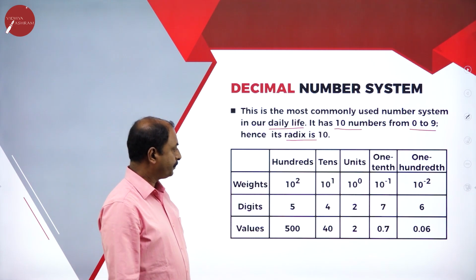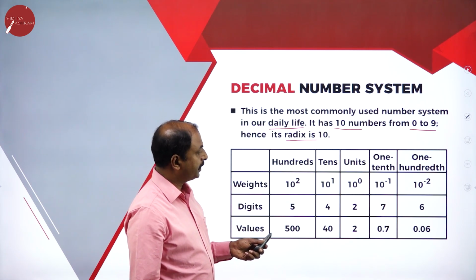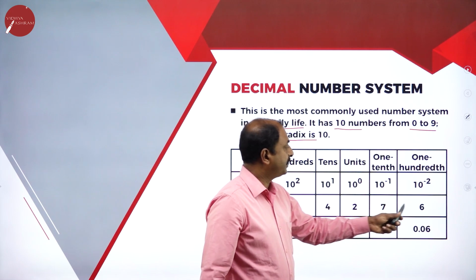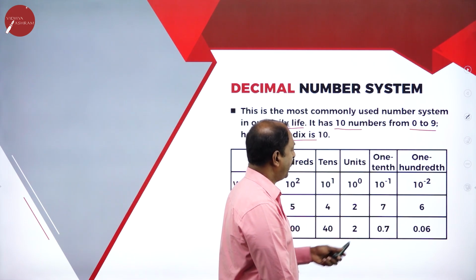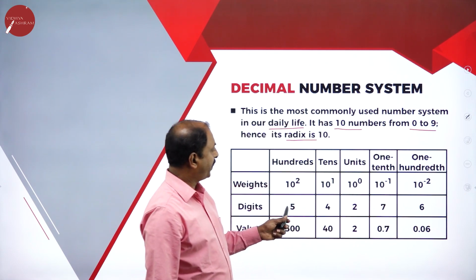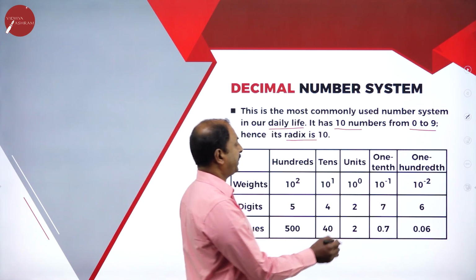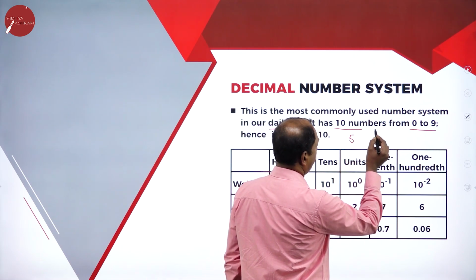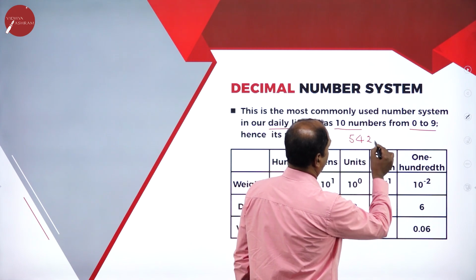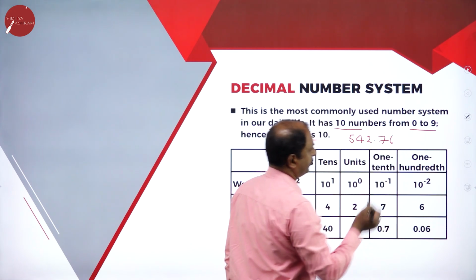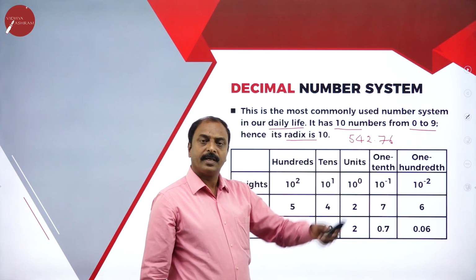For example, I want to represent the number 542.76, with digits 5, 4, 2, 7, 6. This is our normal number, what we use in our day-to-day activities.